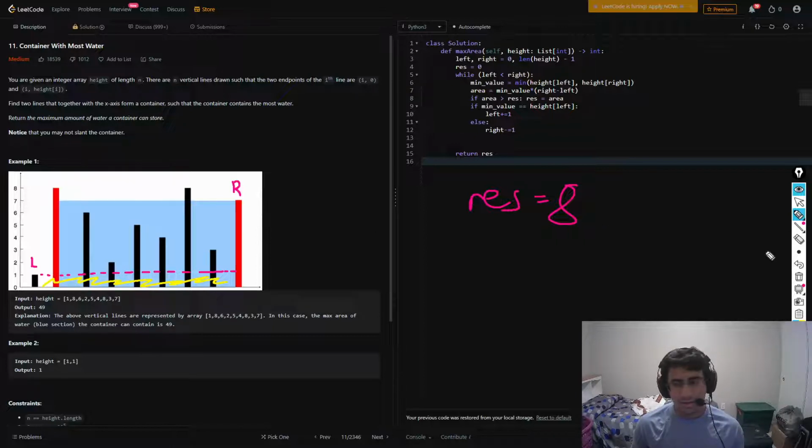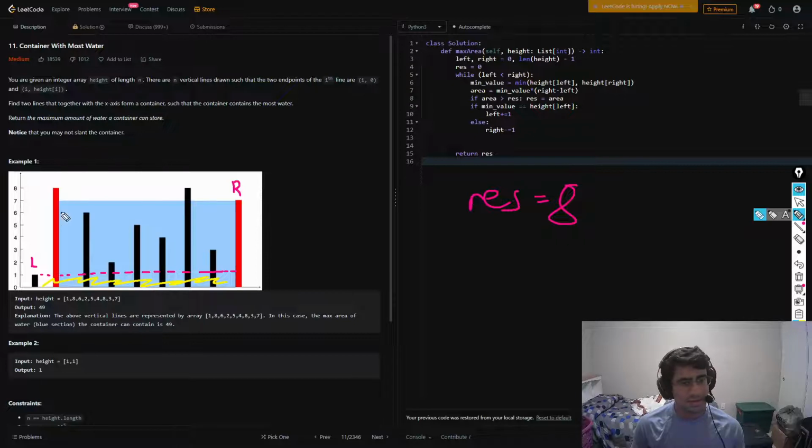Then what we want to do is say, okay, whichever one of these is smaller, left or right. If the minimum value is the left one, that means if the left value is less than the right value, then we want to increment the left pointer, right? The idea behind that is that we want to get both pointers to be the highest value possible.